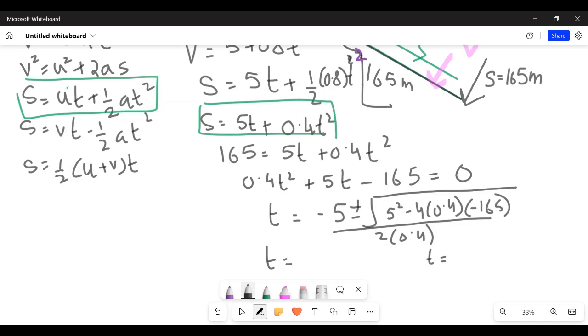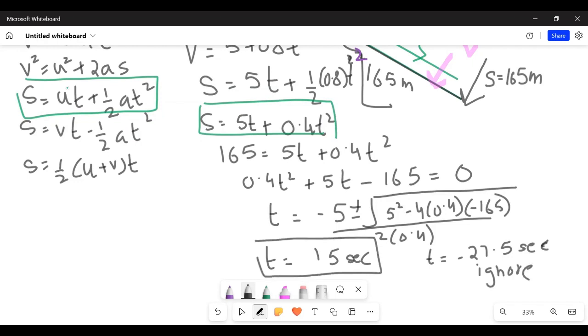And this would give 15 seconds or minus 27.5 seconds, which we will ignore. So the time is 15 seconds.